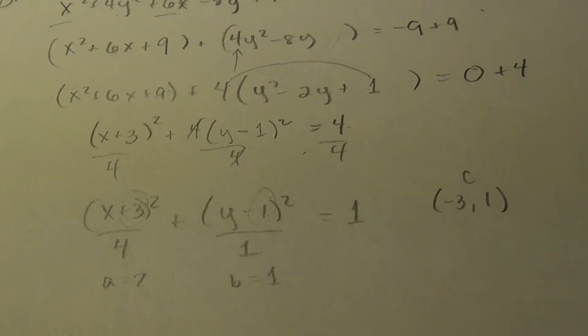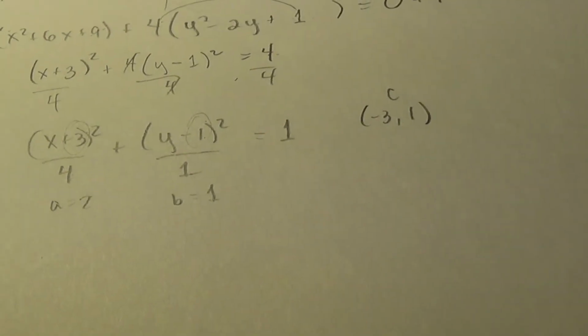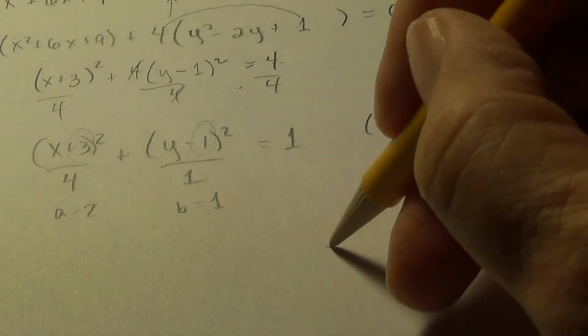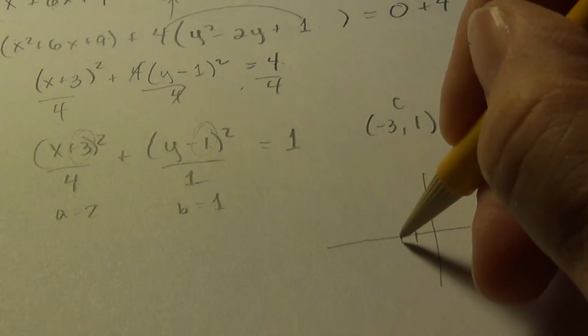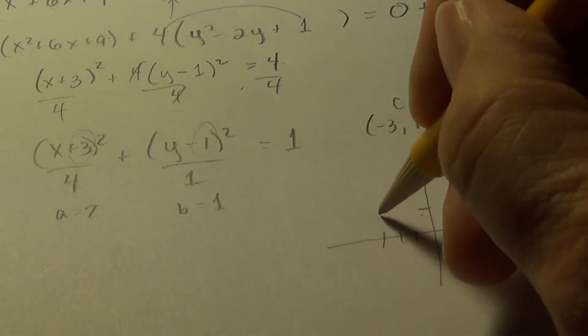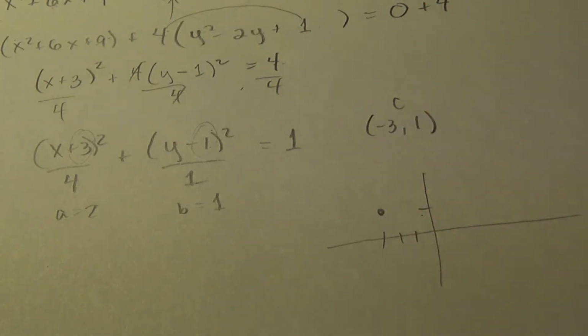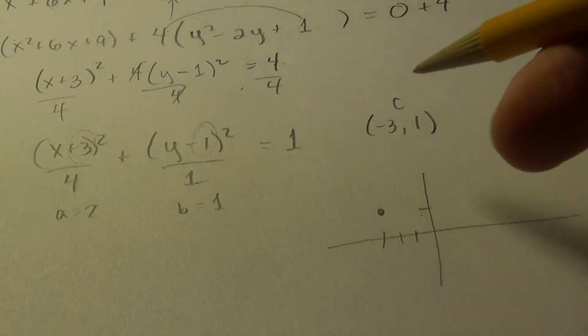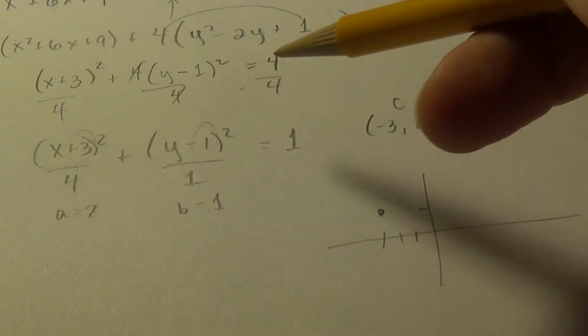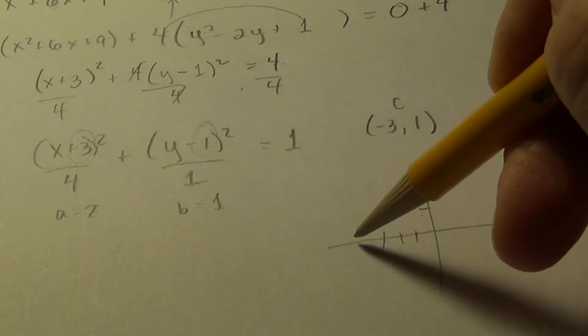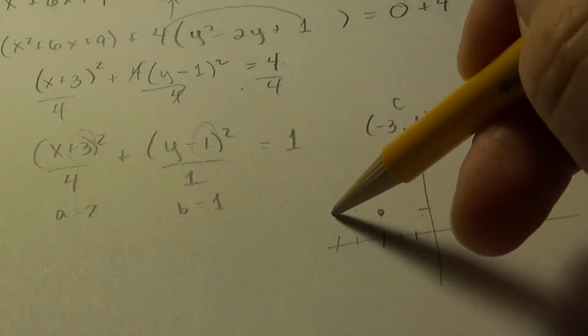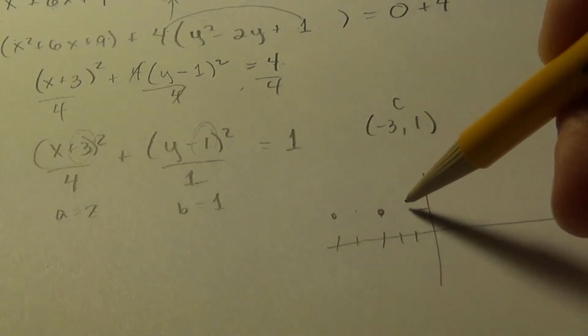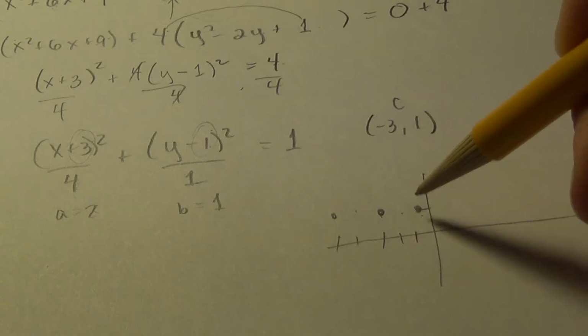So putting that together, we can get a lot of the story. So I'm going to sketch the center, -3, 1, right there. And I know from the center I'm going to go out 2 in both directions. So 1, 2, that'll be one vertex, and 1, 2, that'll be another vertex.